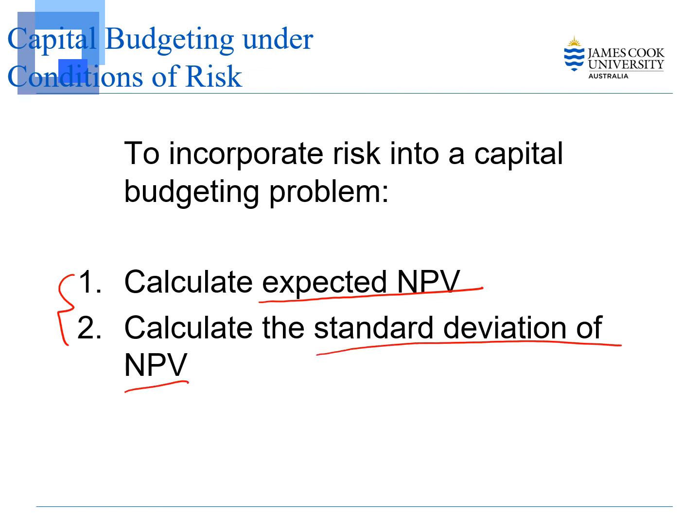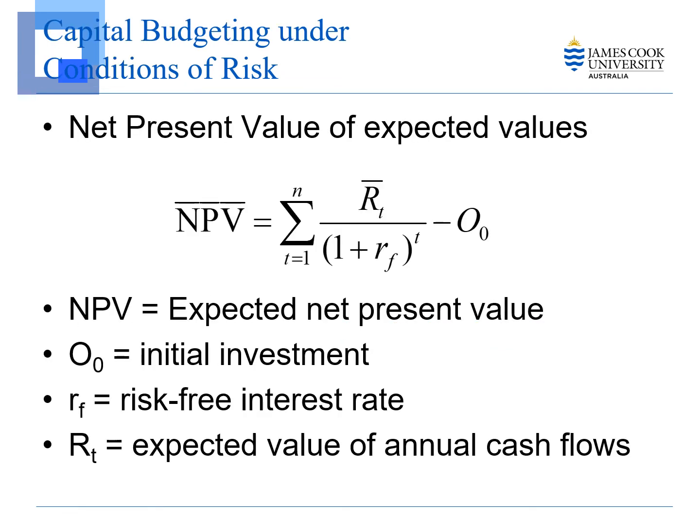So for the expected NPV, suppose there's only a cash outflow at time 0. So this is already a present value. And let's calculate the expected cash inflow in each period. Discount it back, get the expected NPV.